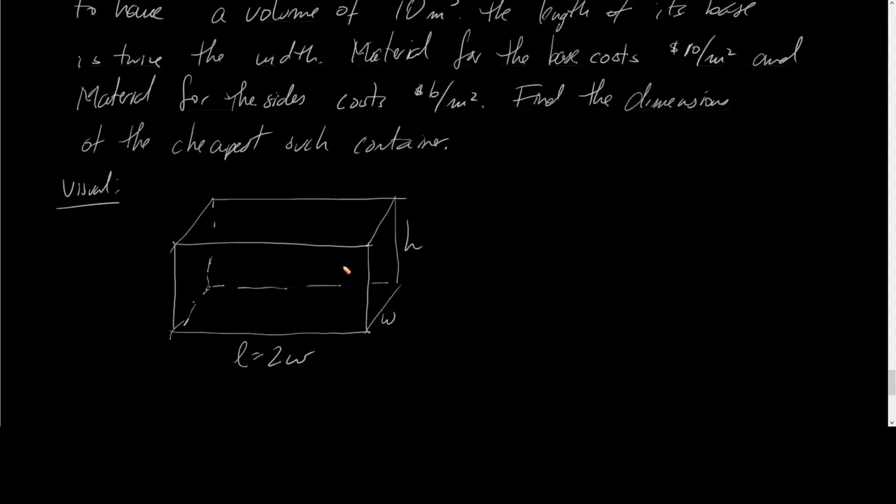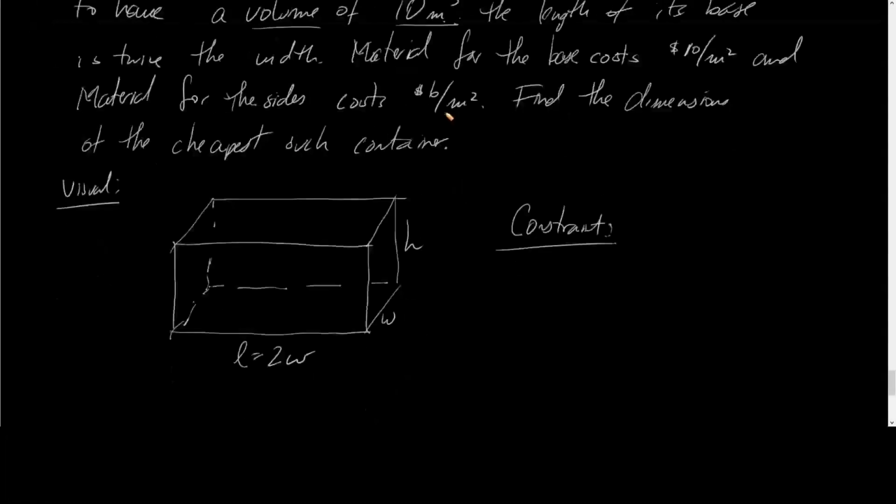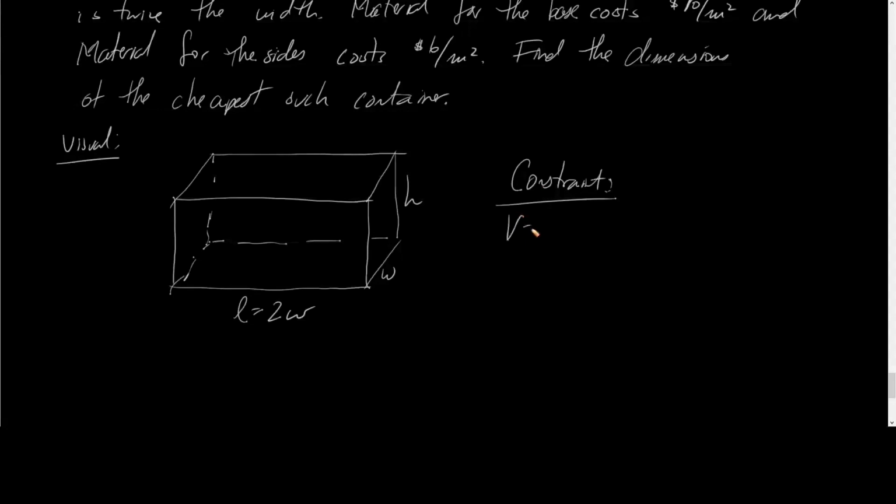Now let's look at the constraint that we're given. All right, the constraint that we're given is for the volume, right? Because it has to have a volume of 10 cubic meters. So the constraint here is, well, the volume, which is length times width times height, has to be equal to 10 cubic meters. But we know that the length is twice the width.